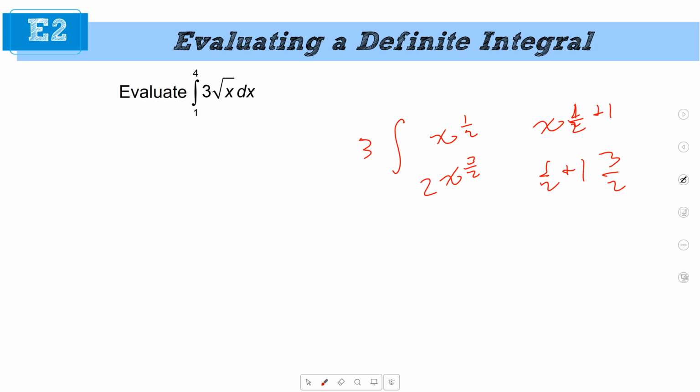So then x to the 3/2 over 3/2, times 2, so it'd be 2/3 times x to the 3/2.